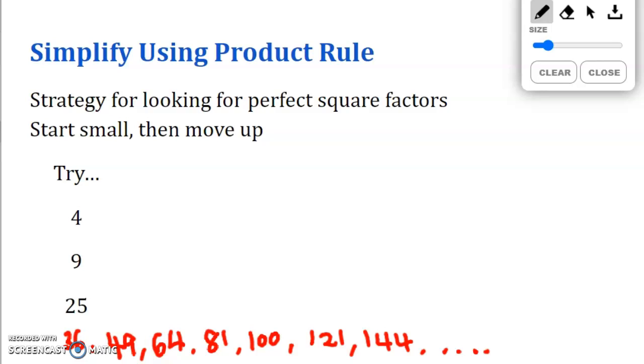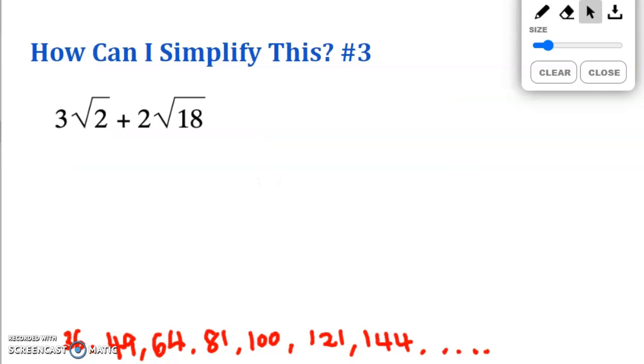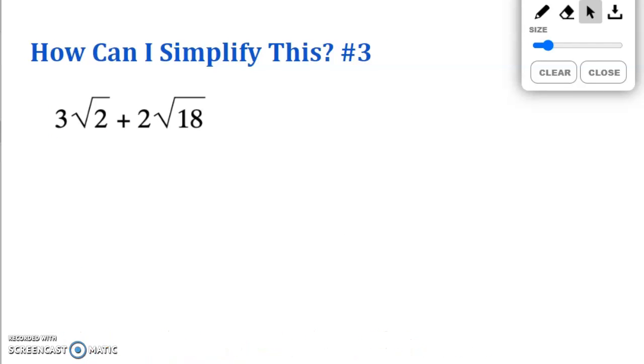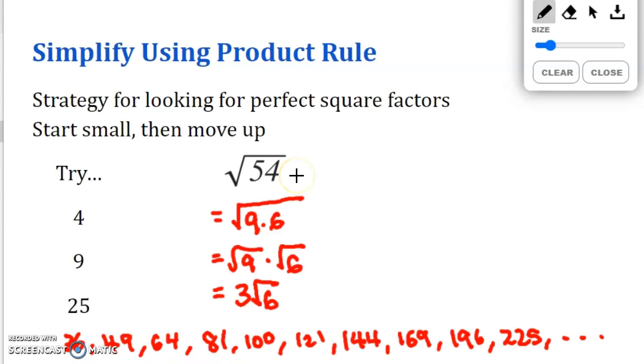So for example, if I have square root of 54, is it divisible by 4? No. Is it divisible by 9? Yes. So 54 is the same as 9 times 6.